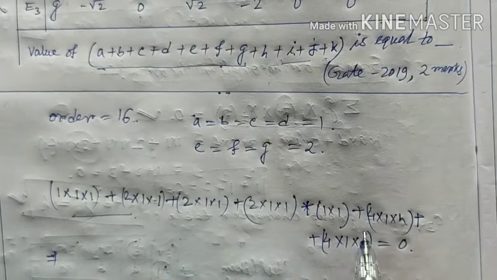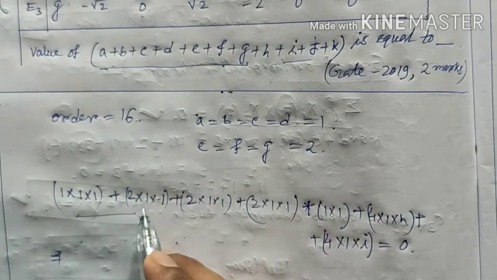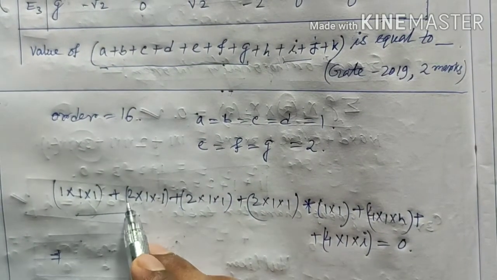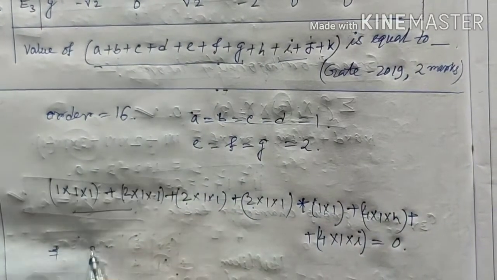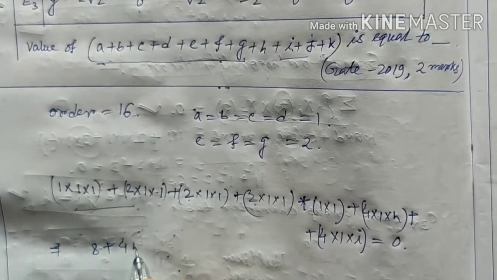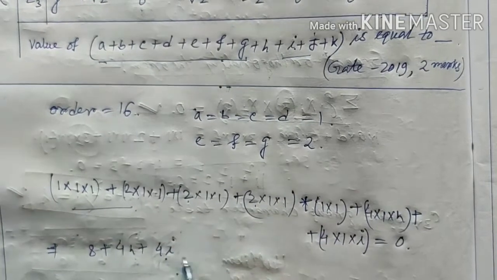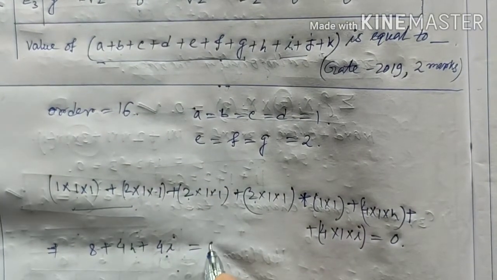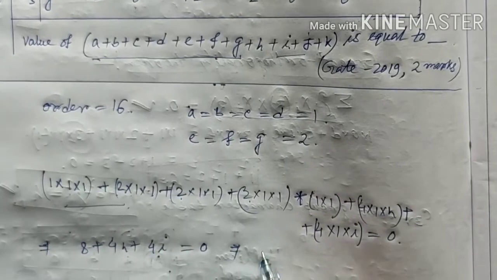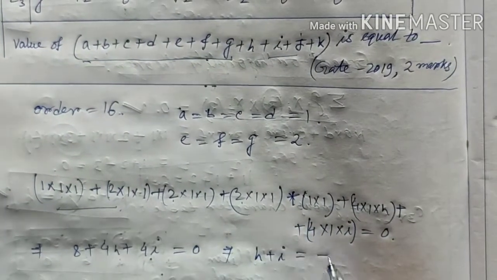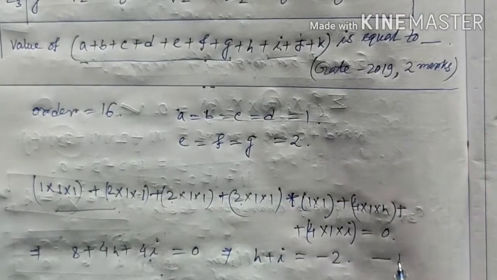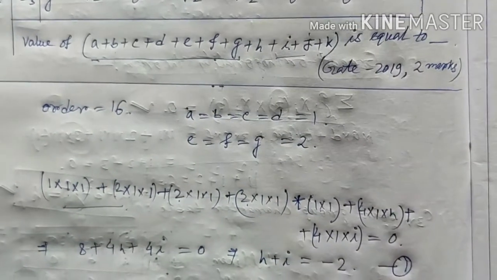So if you sum up the values, then it will be 1 plus 2, 3, 5, 7, 8, 8 plus 4h plus 4i is equal to 0. That means h plus i is equal to minus 2, if we write it as one equation.